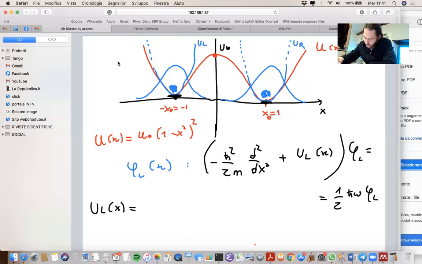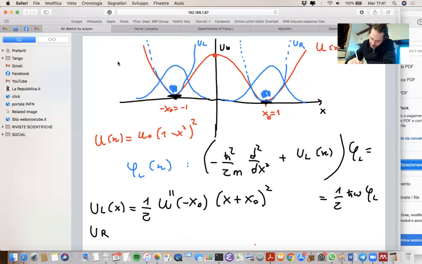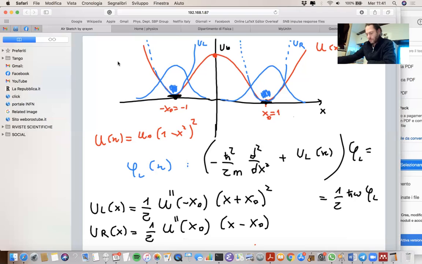So the only term that survives here is the second derivative of the potential U calculated at negative x naught, and then you have (x plus x naught) squared. Conversely, U right is 1/2 second derivative of U, this time at x naught, times (x minus x naught) squared.